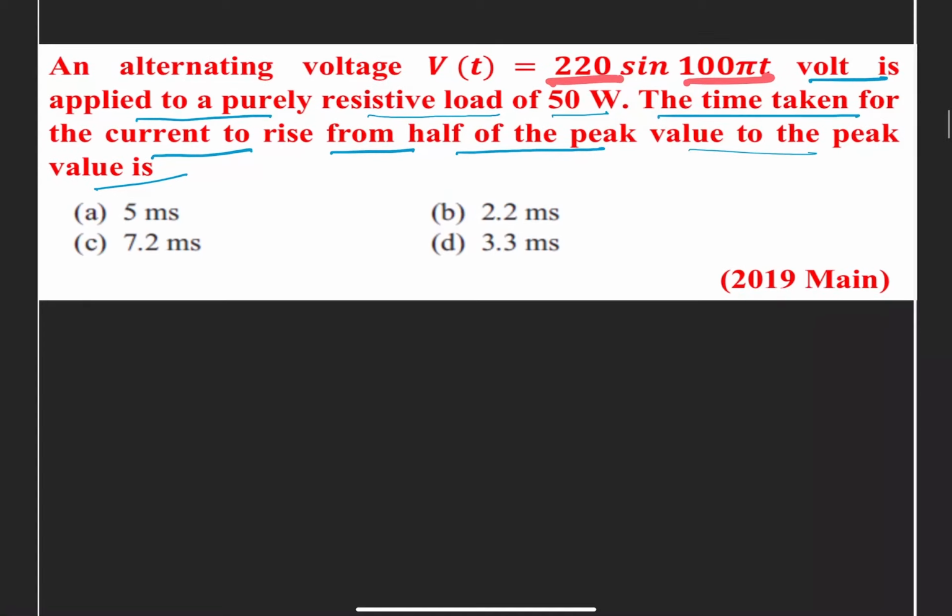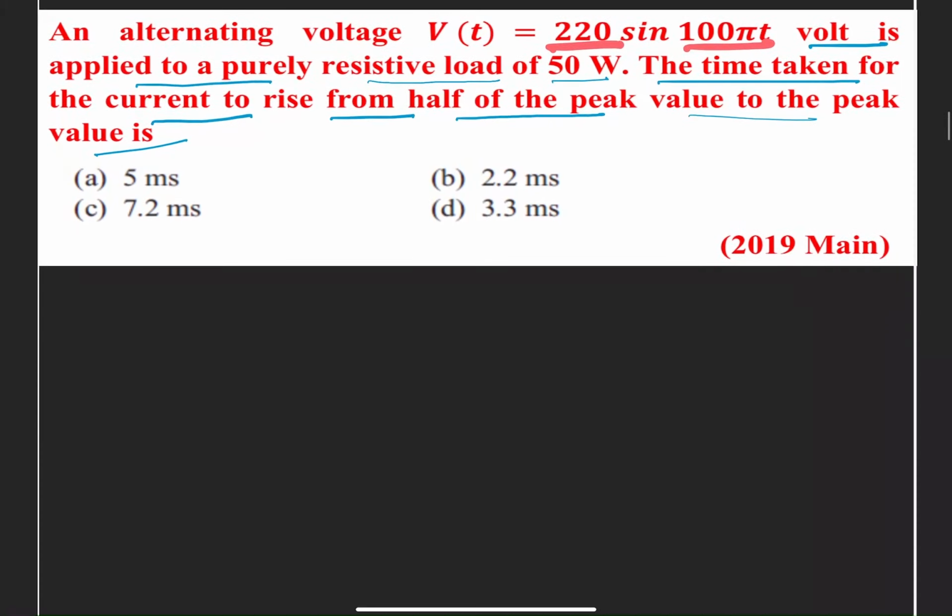First of all, we are going to determine the peak value of the current. The given equation is Vt equal to 220 sine of 100 pi t, and it is a purely resistive load. The resistive load is 50 ohm. Sorry, here it should be ohm, not watt.